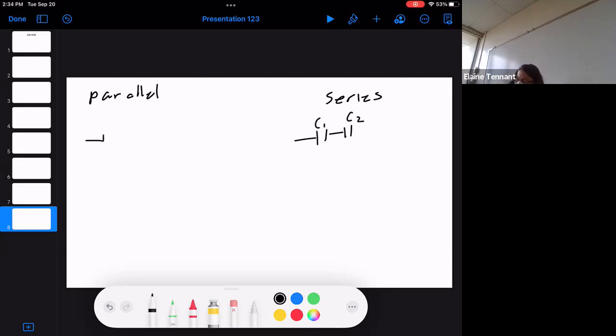If you are in parallel, you will have either capacitor 1 or capacitor 2. For those CS majors, notice the logic speak right there. It is absolutely a thing.